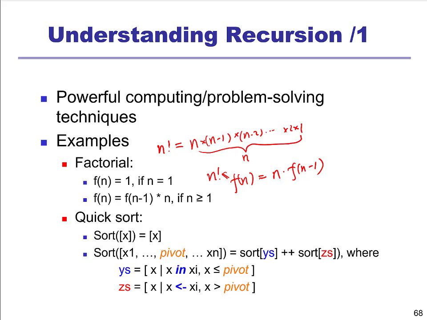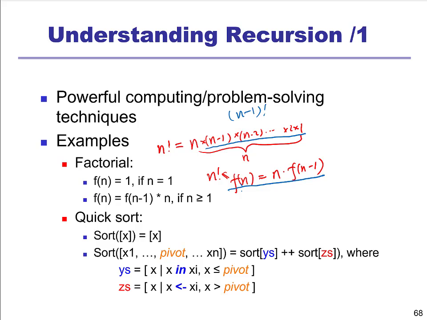This is because if you take this part, it's actually the factorial of n minus 1, right? And if you multiply by n, you will get the factorial of n. So this formula gives the relationship between f(n) and f(n minus 1).